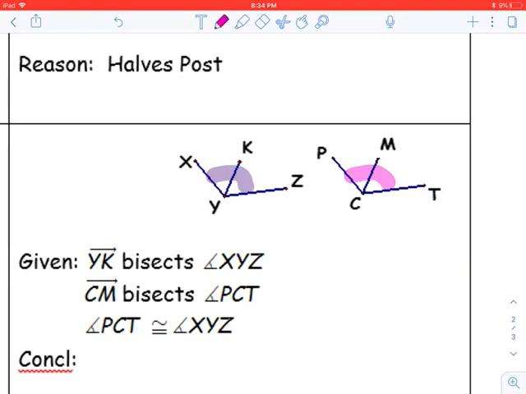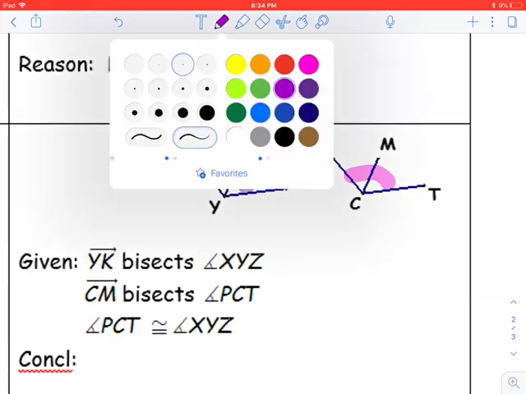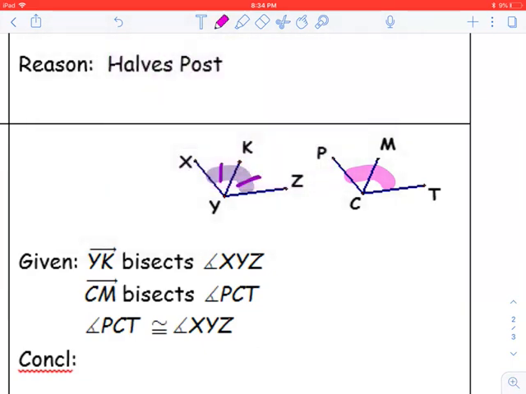So what we have now is that YK, so right here, YK, is a bisector of XYZ. So bisecting means this part of the angle and this part of the angle are congruent. And the same for the other angle. If I have CM right here as the bisector, then those two parts are congruent. So these two are congruent.